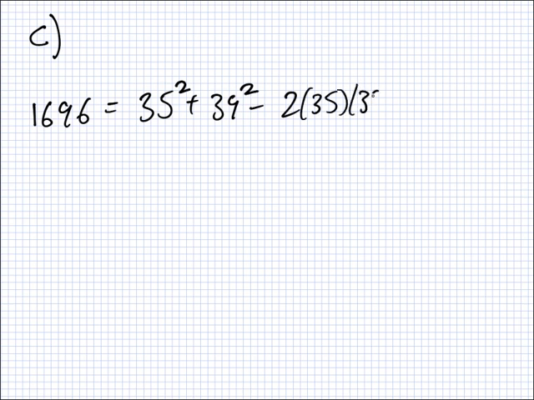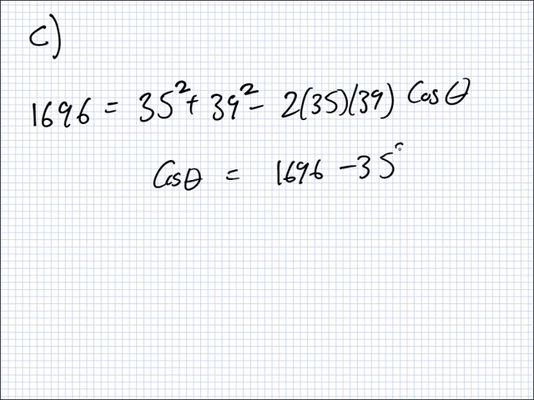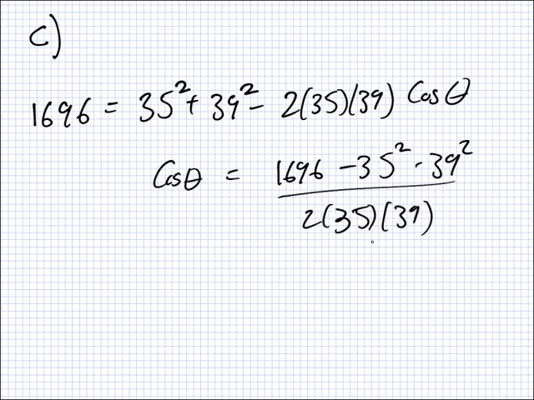So you get 1696 equals 35 squared plus 39 squared minus twice 35 times 39 cos theta. So cos theta would be 1696 minus 35 squared. I assume this works out to be a nice number. Yes. What did you get? 5 over 13. 5 over 13, great.